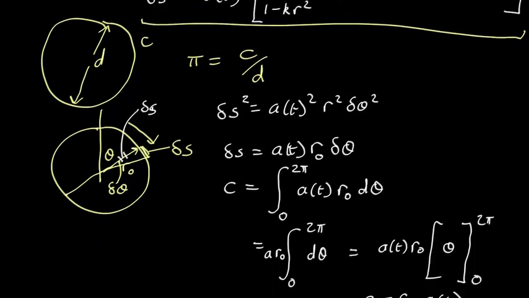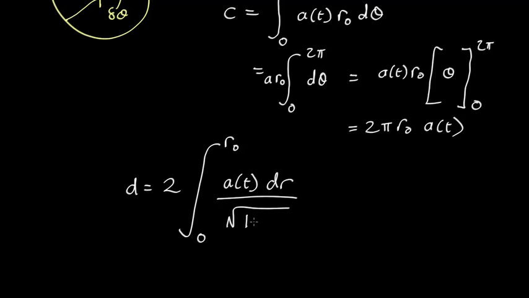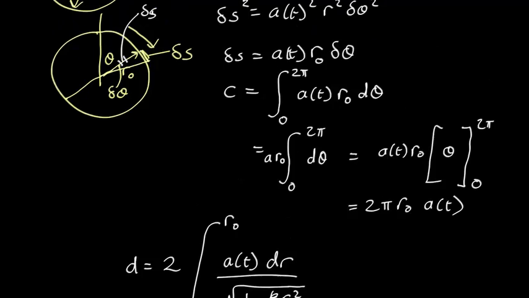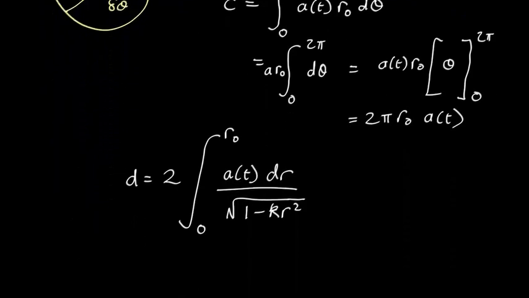So what that tells us is that the diameter is going to be, say twice the radius, which is going to be the integral from 0 to r naught of a of t dr over the square root of 1 minus k r squared. That's a k there. And you get that just by taking this equation here, setting both of those equal to 0 and taking the square root of this and that.